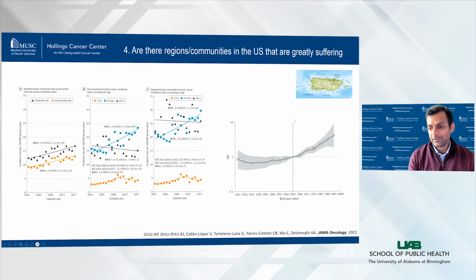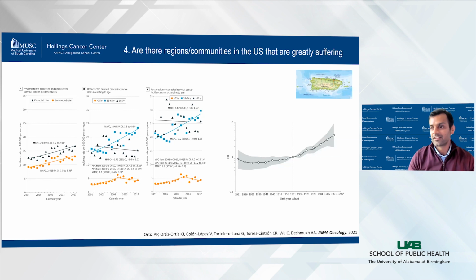I also work very closely with colleagues at the University of Puerto Rico Cancer Center. And in Puerto Rico, we have been studying cervical cancer incidence patterns for several years now. It's a similar setting to Appalachian Kentucky, where a high proportion of women live in persistent poverty.